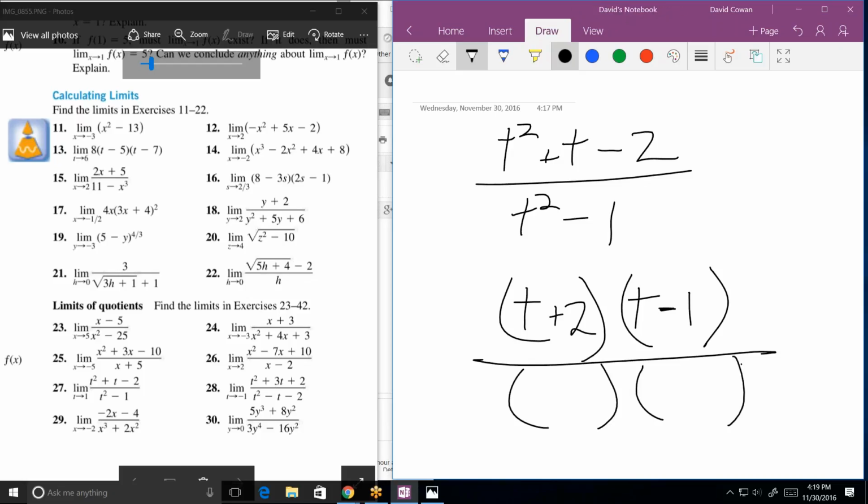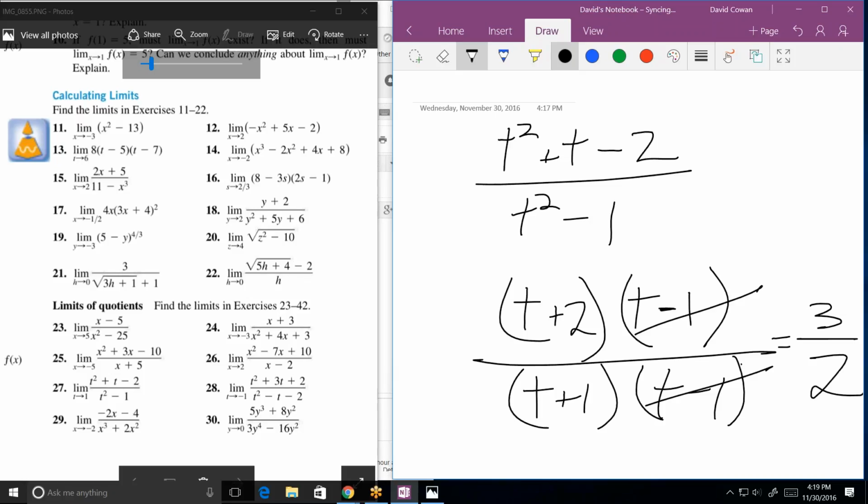Then it will be t plus 1 and t minus 1. Cross those out. Try to substitute again. I just put 1 in, so then that would be 3 over 2. Okay.